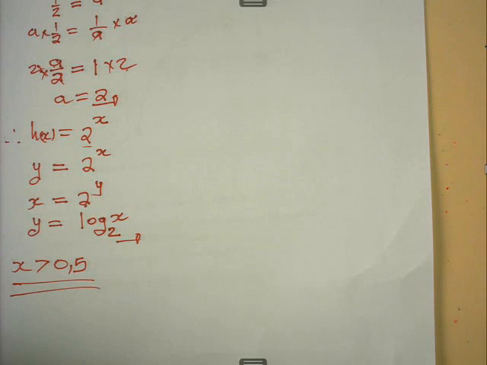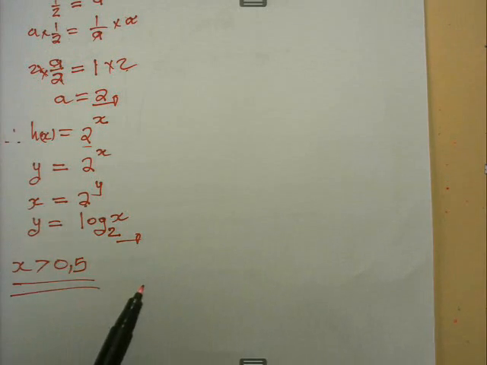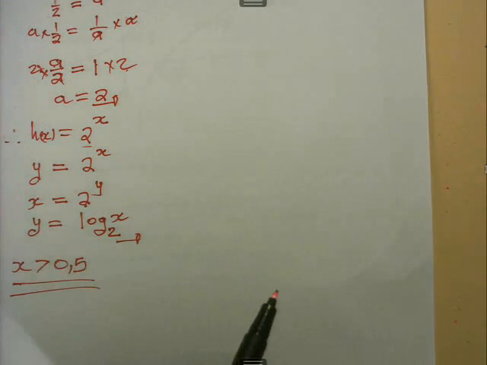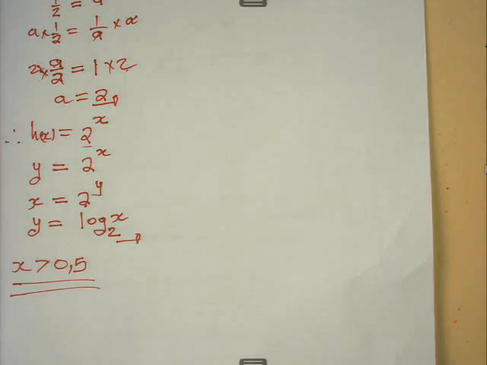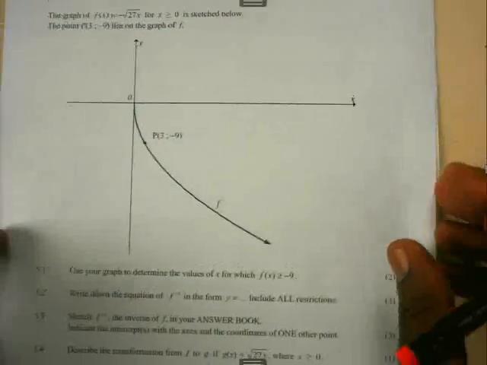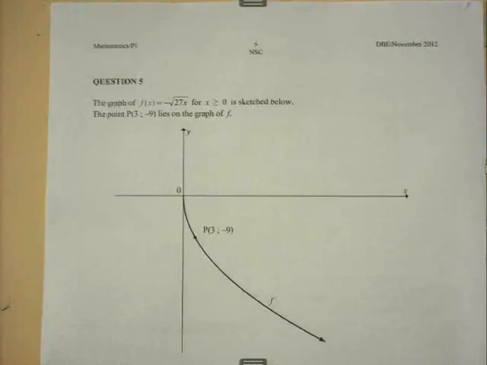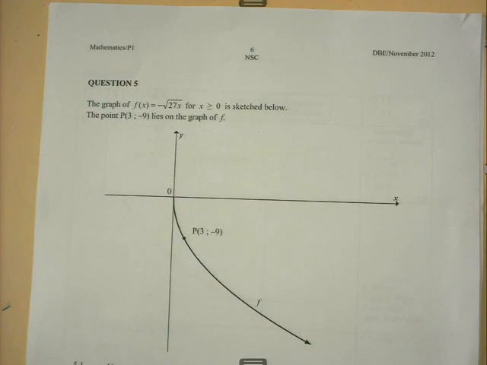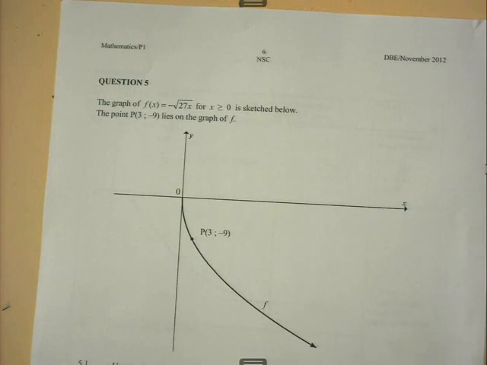Right, let's quickly go to the next question paper. At this point in time, I'm looking at this question paper. I think maybe let's take the 2012 question paper. I'm trying to cover as many questions as I can. It's question 5, of November 2012, which reads as follows.